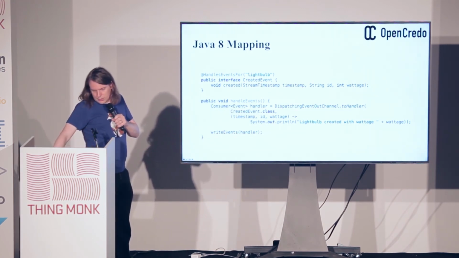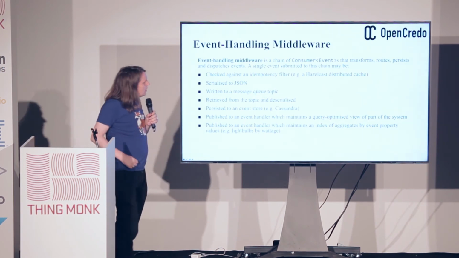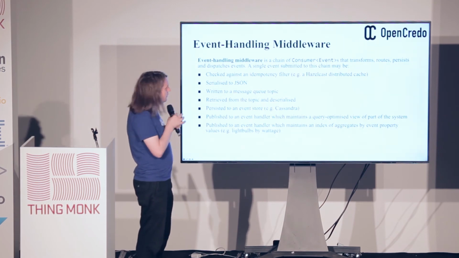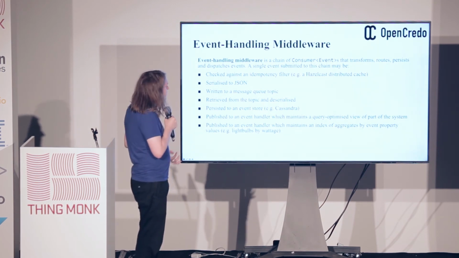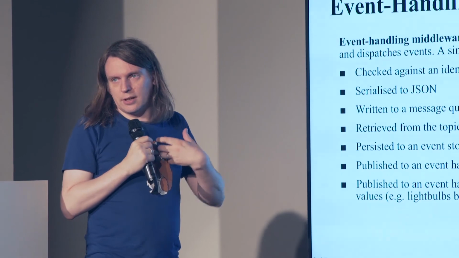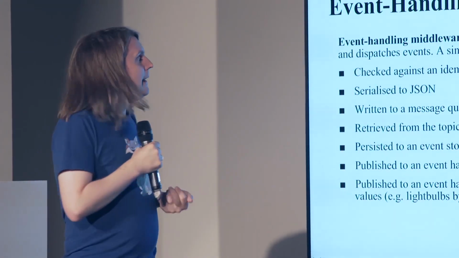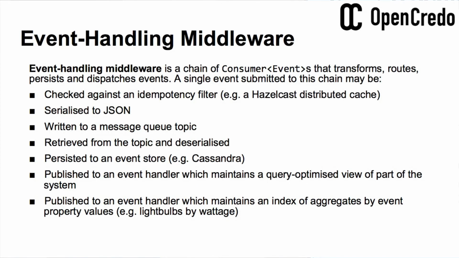So a lot of the real interesting work is being done by what we call event handling middleware, which is a chain of consumers of events that transform, route, persist, and dispatch events. So a single event submitted to this chain might be checked against an idempotency filter to make sure we haven't seen it before. And we might do that with something like a Hazelcast distributed cache. It might be serialized to JSON so we can send it over the network somewhere else.